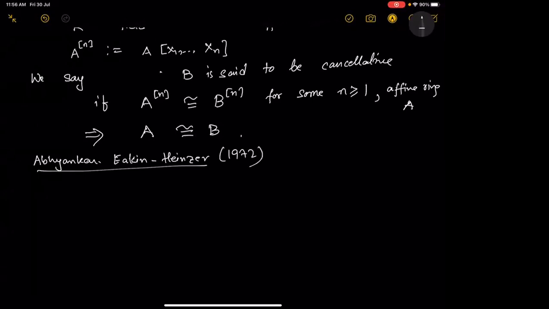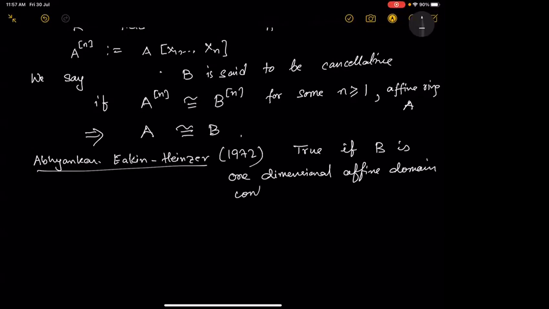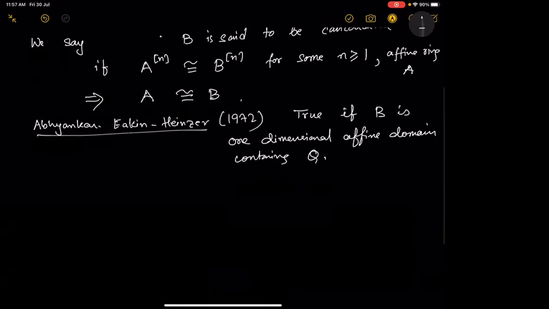They proved that it is true if B is a one-dimensional affine domain containing Q. It is also true if you don't assume containing Q, but then you may have to assume that it is a normal ring or semi-normal. Let me not get into that.